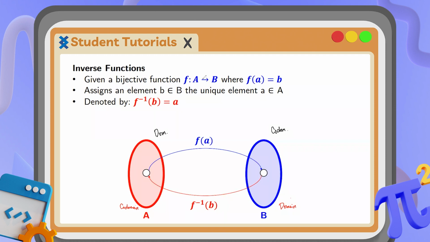So altogether, think of inverse functions as some portal, I guess, that would transport you from one set to another set and get you back to the original value that you came from with the said function.